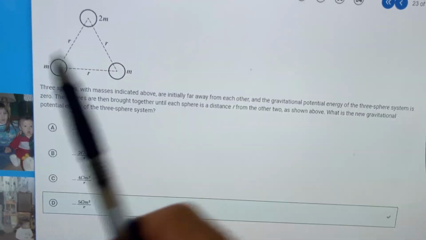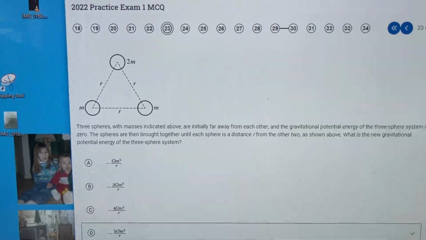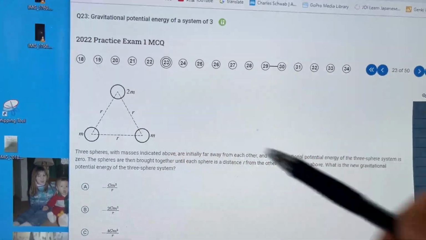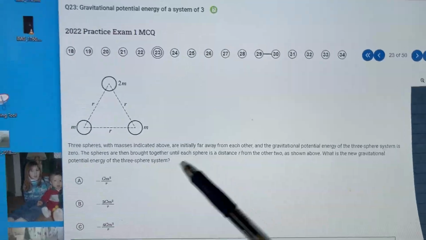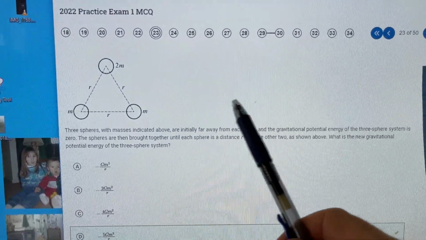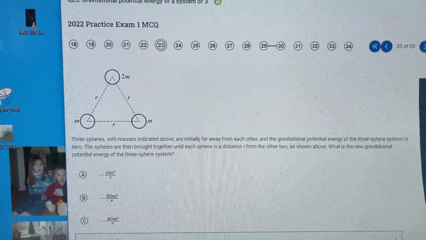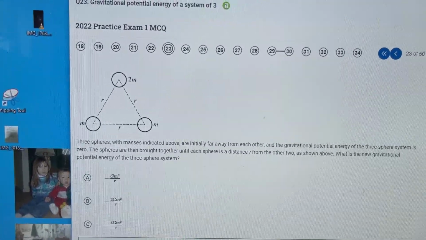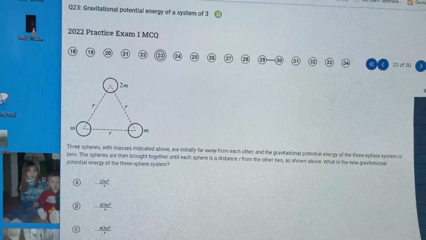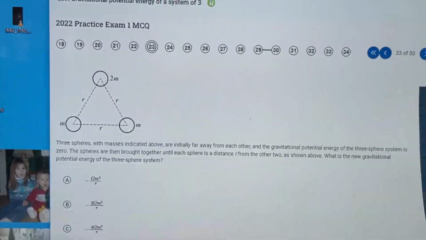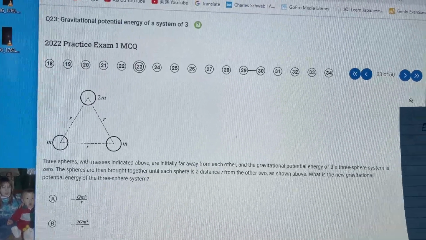So in this particular problem, three spheres with masses indicated above, m, m, and 2m, are initially far away from each other. So that's kind of the idea here, is I'm bringing them in from far away. So you can think of it as the potential energy is equal to the work done in bringing those spheres closer to each other.